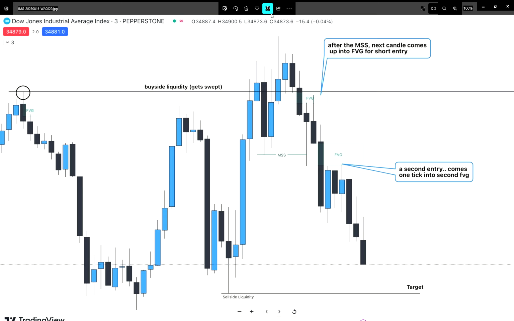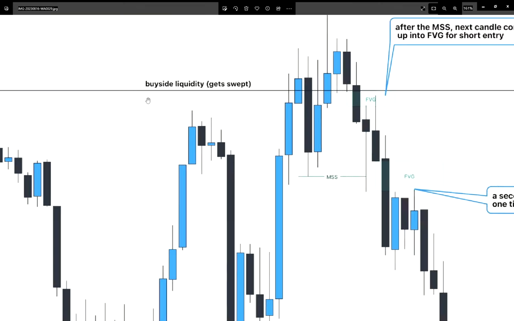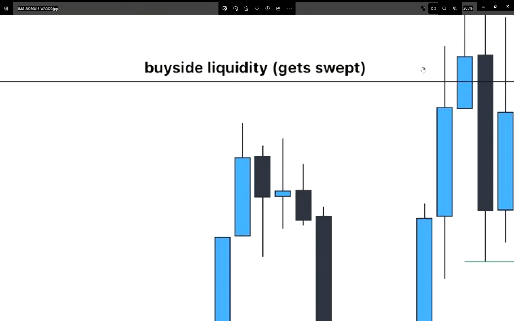But also, pretty much the concept that he created, or that he talks about, is that when banks want to sell, they need buyers to sell to. That's called a liquidity sweep. He talks about that in his videos.